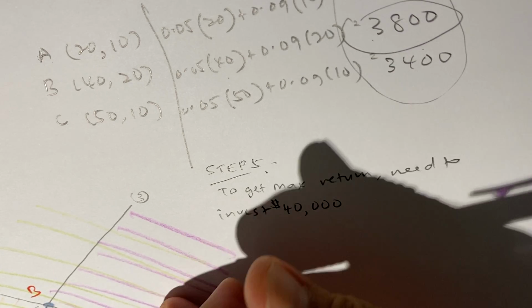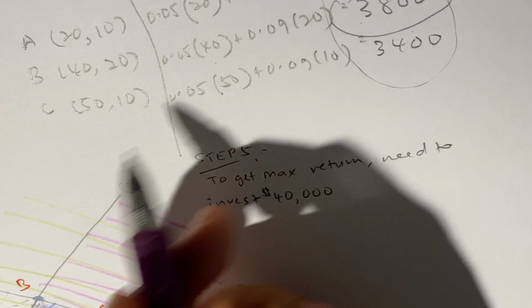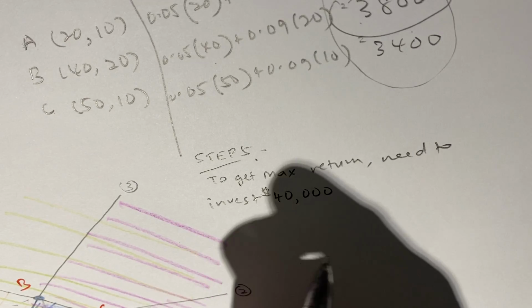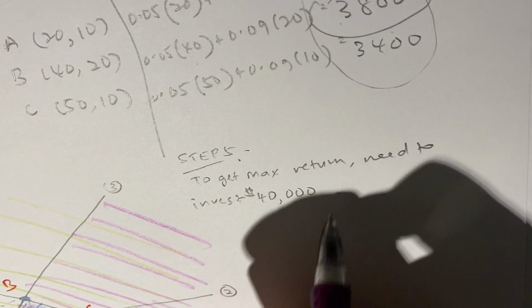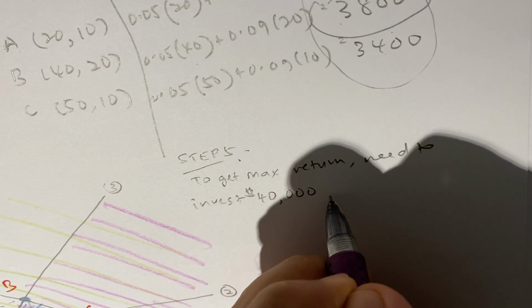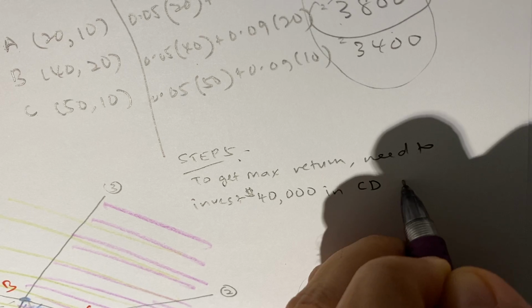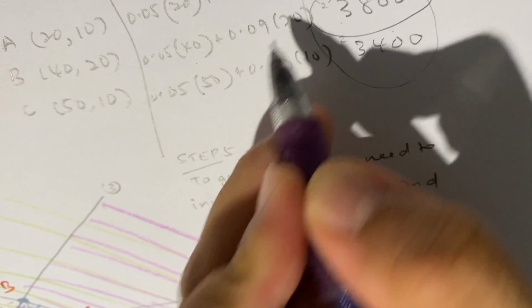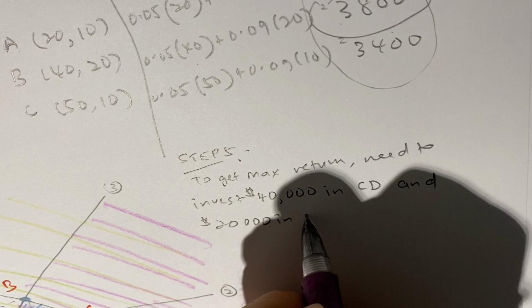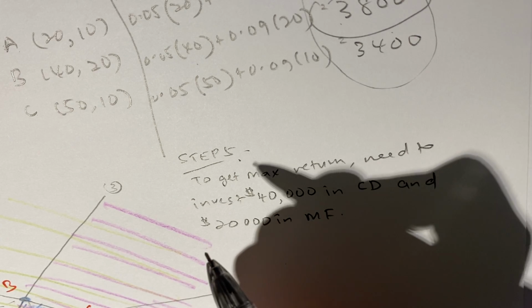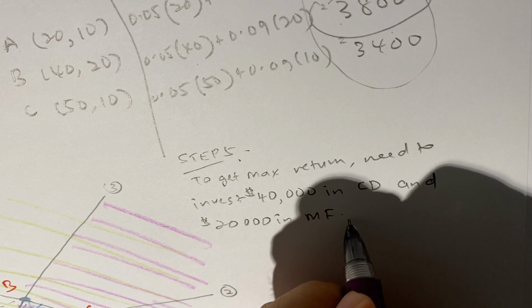Don't forget the thousand. Of course during working you can use shortcuts, but when you are writing the conclusion, the final answer, do not make a simple mistake here. So $40,000 in CD and $20,000 in the mutual fund to maximize return.